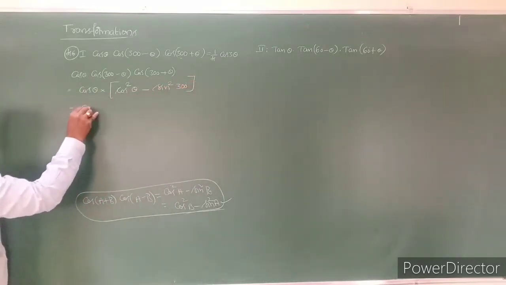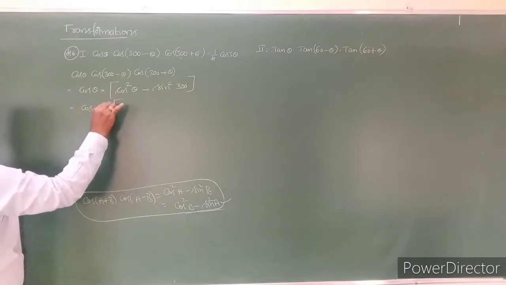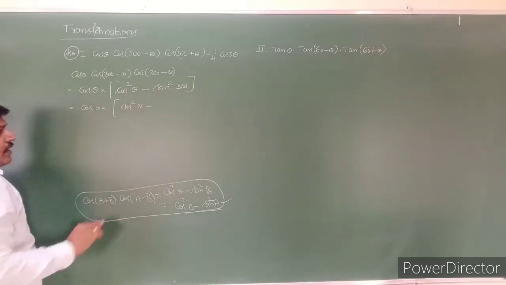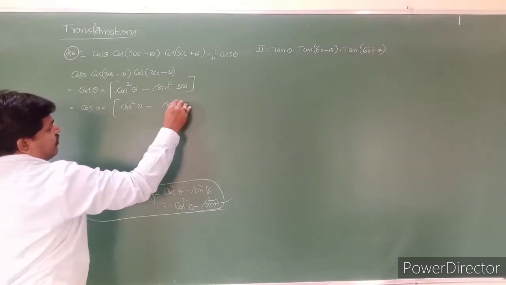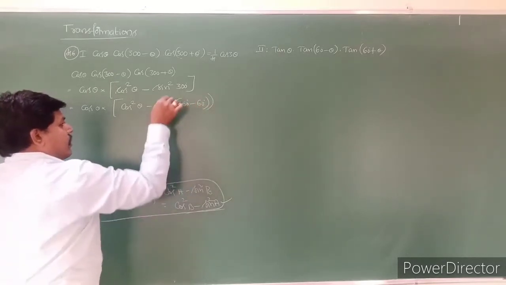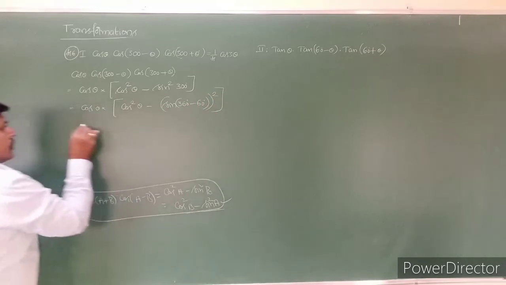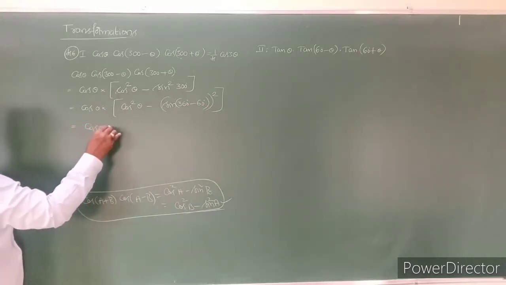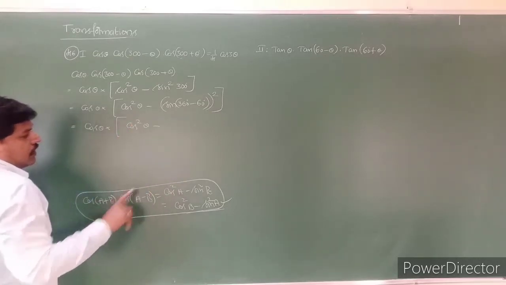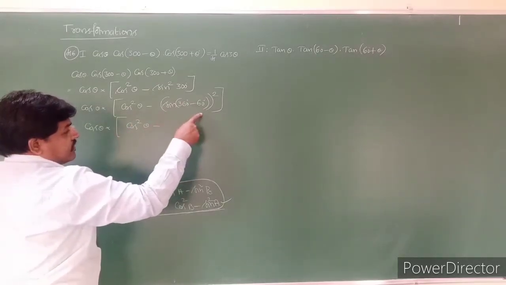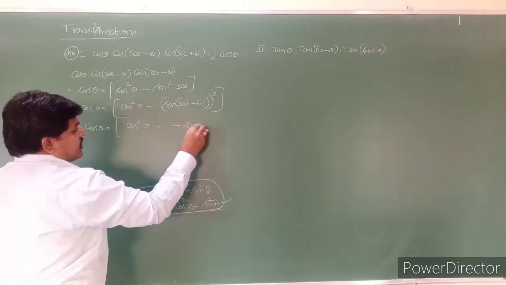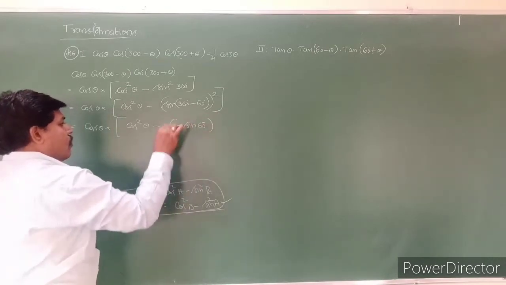So this can be written as cos theta into cos square theta minus sin 300, where sin 300 is nothing but sin of (360 minus 60) degrees, whole square. So that is cos theta into cos square theta minus sin(360 minus theta). It is in the fourth quadrant. In the fourth quadrant sin is negative, so it will become minus sin 60 whole square.